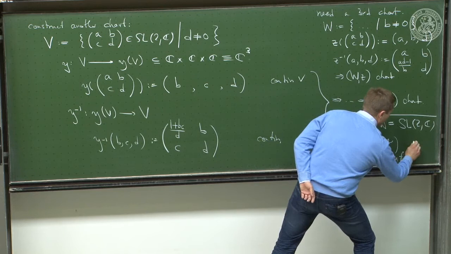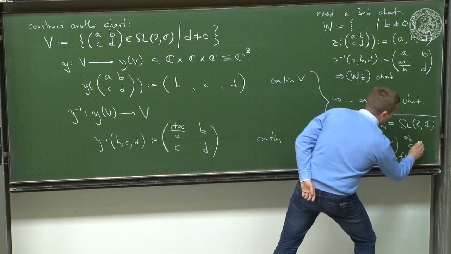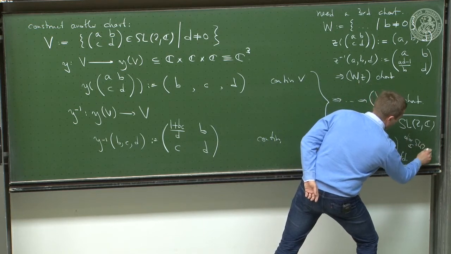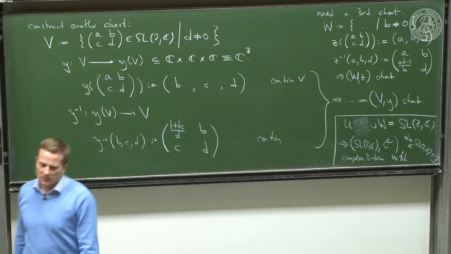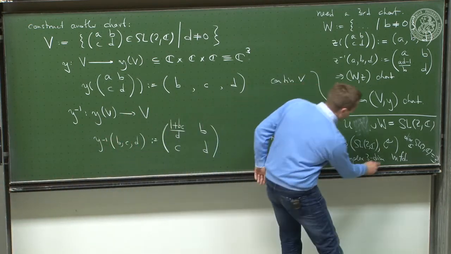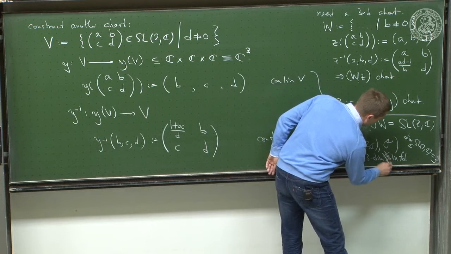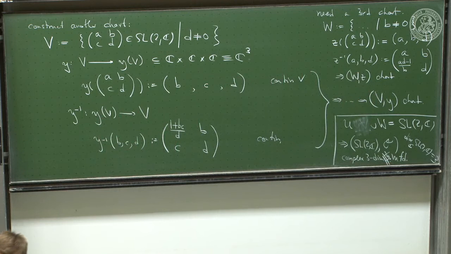So sometimes we would write dim sub C, with respect to complex numbers, of SL2C is 3. There we go. We have a three-dimensional complex, I should say topological manifold. Okay, full stop. Good. Are there questions so far?